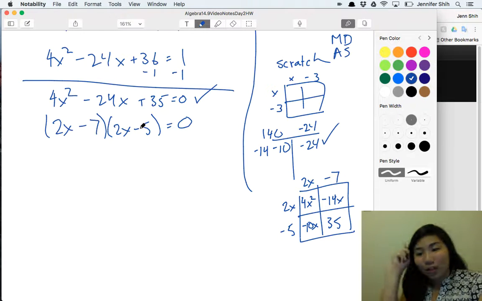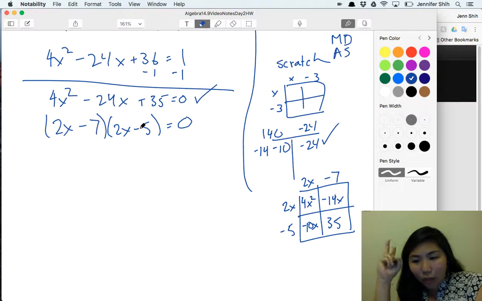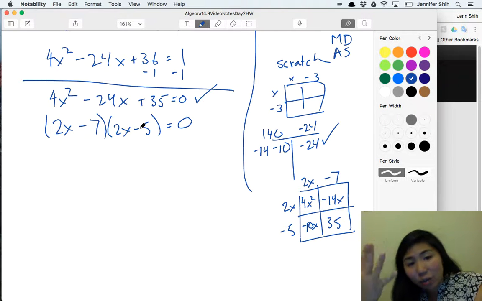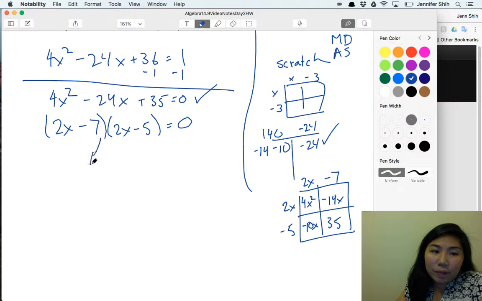All right, we have expanded, we have moved everything over to one side so it's equal to 0, and we have factored, and now we're going to use zero product property. So I'm going to write 2x minus 7 is equal to 0, and 2x minus 5 is equal to 0. From here, these are the types of equations.